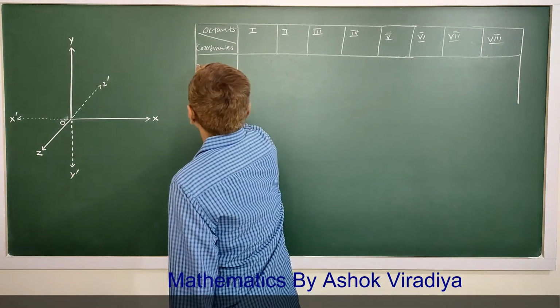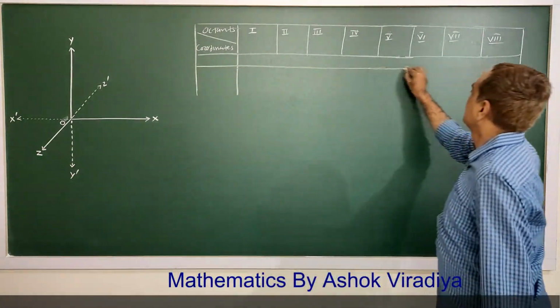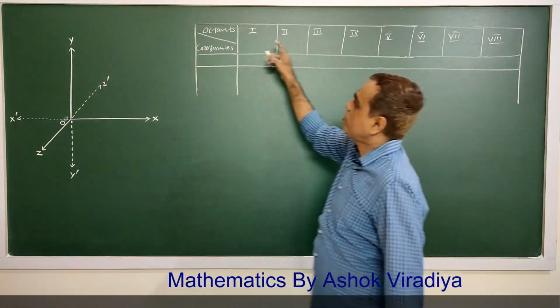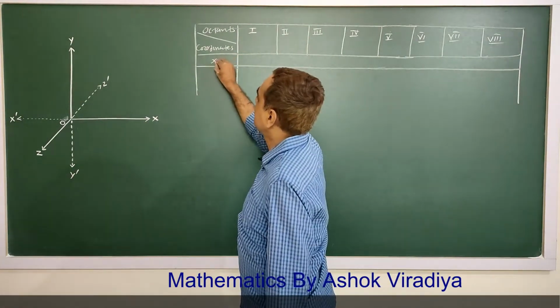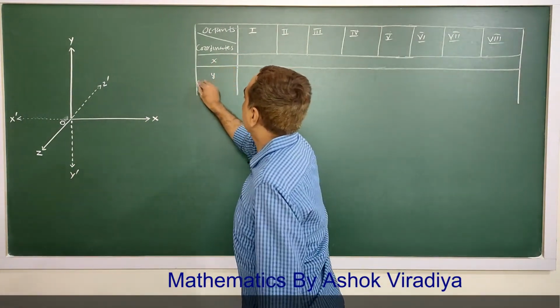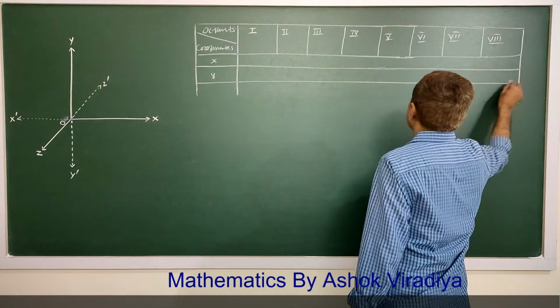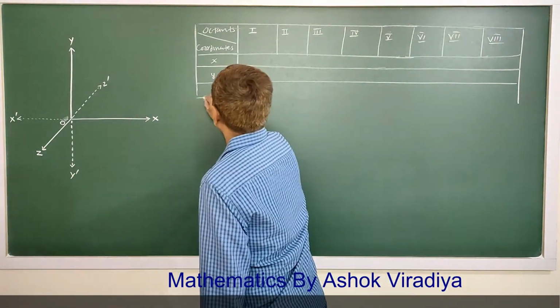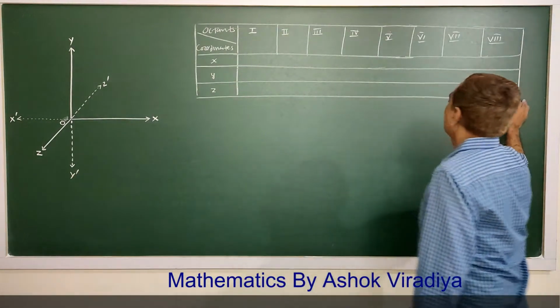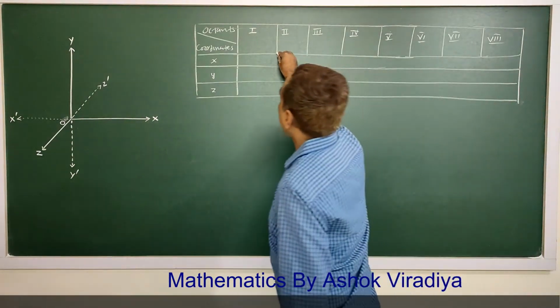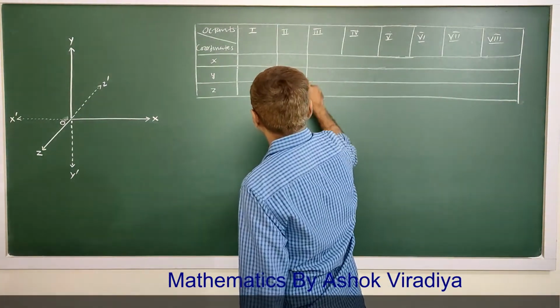Then here, if any point lies in this octant, what about the x coordinate, y coordinate and z coordinate? See how to prepare the number and name of the octant, that I am explaining.